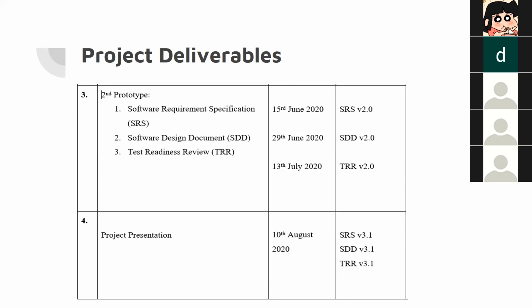Third is the test readiness review, to be submitted on 13 July 2020, called TRR version 2. And lastly is our project presentation, which we will do on 10 August 2020 to present all the SRS, STD, and TRR.